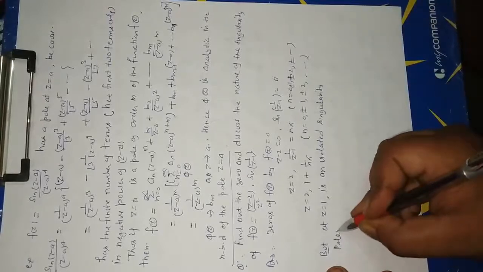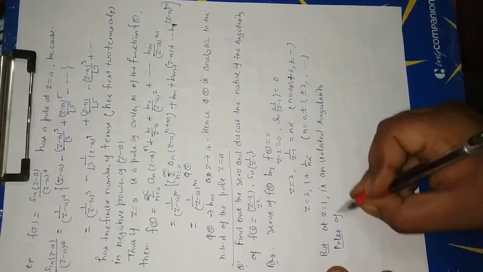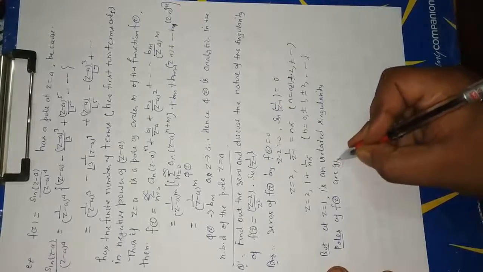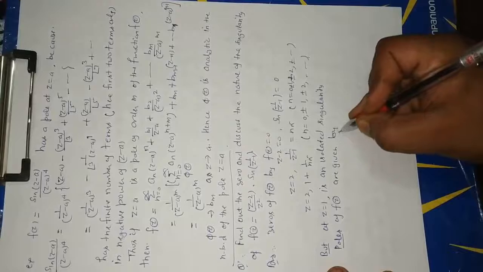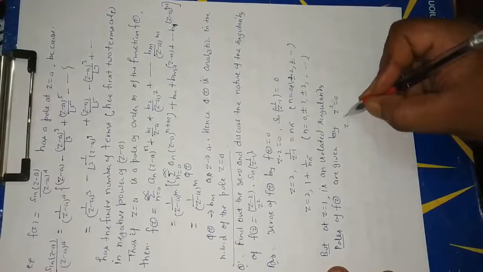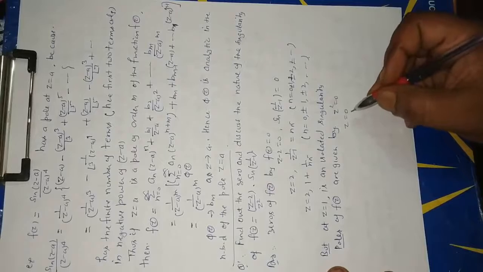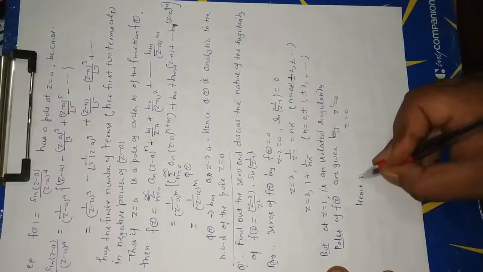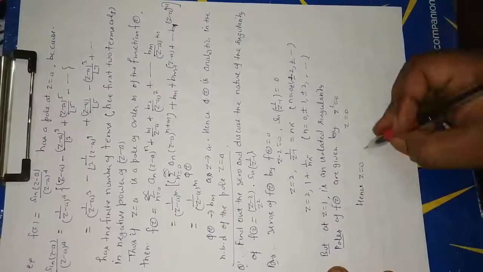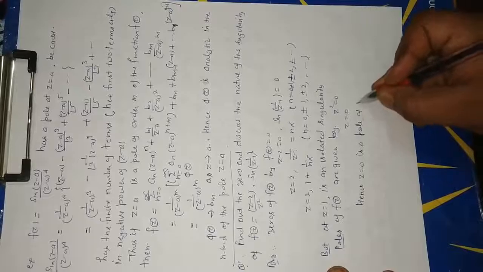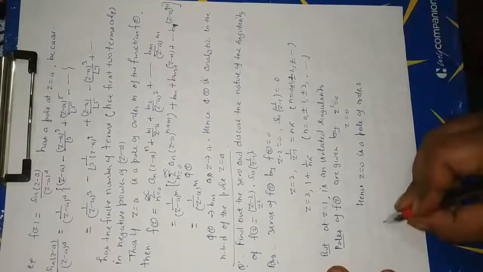Now the poles of f(z) are given by z square equal to 0, that is z equal to 0, and z equal to 0 is a pole of order 2. Okay, student?